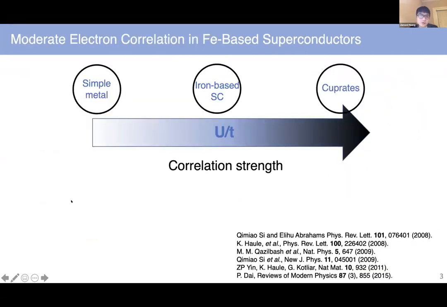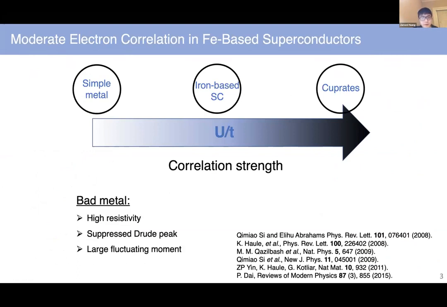It is generally believed that the iron-based superconductors possess a moderate electronic correlation strength. It is not as strong as that in the cuprates, but it is definitely non-negligible, as in a simple metal state. The moderate electron correlations of the iron-based superconductors are manifested by their bad metal behaviors.